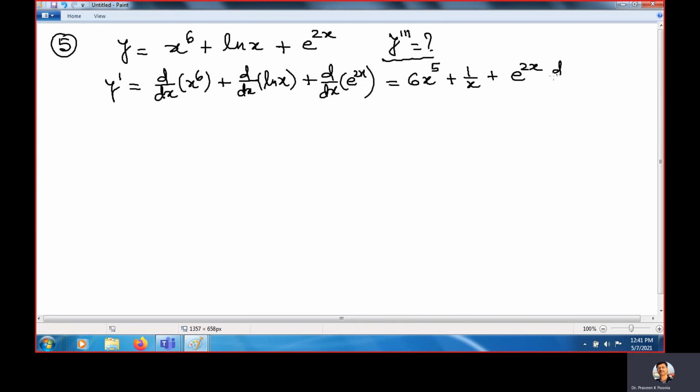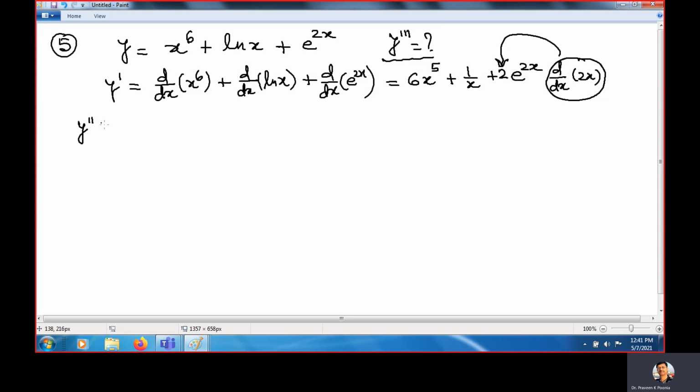But here you need to calculate the derivative of 2x separately. And what is the derivative of 2x? The derivative of 2x is 2. This is because 2 into the derivative of x, which is 1, so it is 2. Okay.